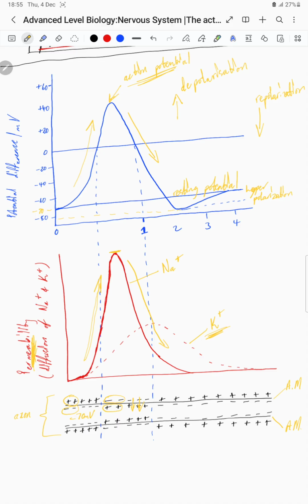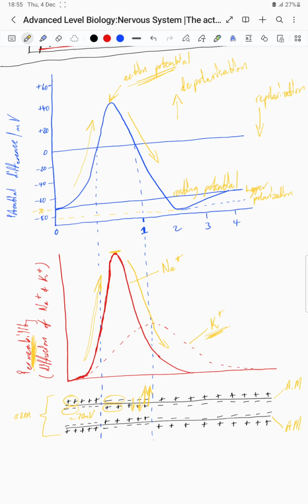The potassium ions will be moving in the different direction, trying to maintain the resting potential.